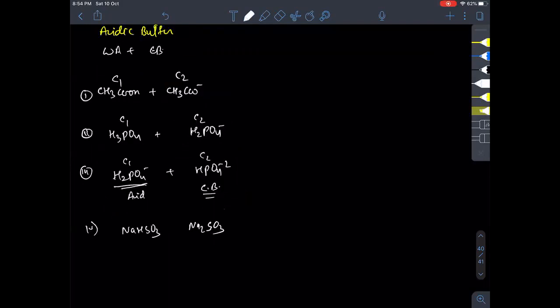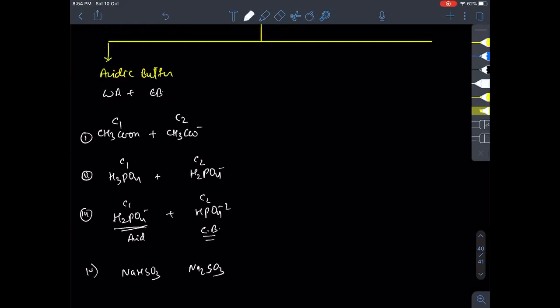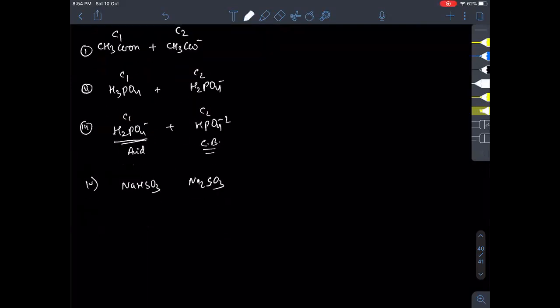So what is the condition on this C1 and C2? As I told you, a buffer will be named so only if both of them are present in considerable amount. And what do I mean by considerable amount? When the C1 by C2 ratio is such that neither acid nor base decreases below 10%. You can see 1 by 10, 10 by 1.